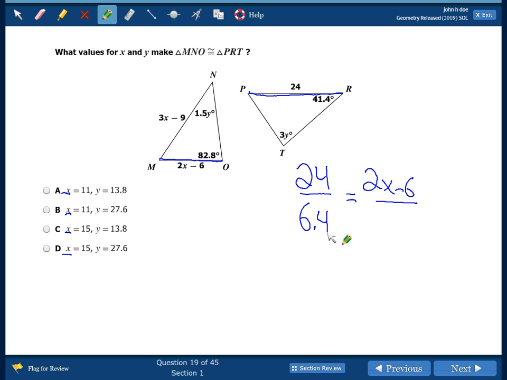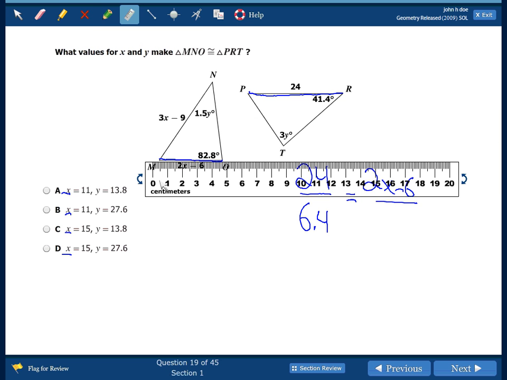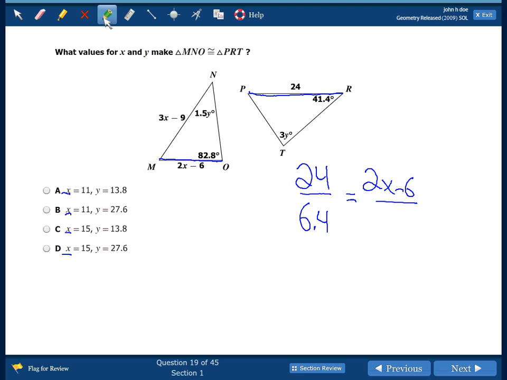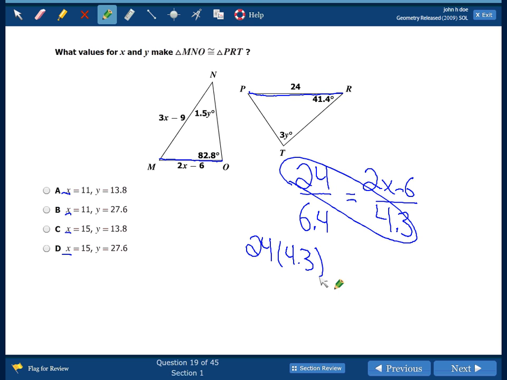And 2x minus 6 comes out to about 4.3. So cross multiplying this isn't exactly easy. Remember, we have 24 times 4.3. That's not bad. But it's going to be equal to, I need to distribute this, 6.4 times 2x minus 6.